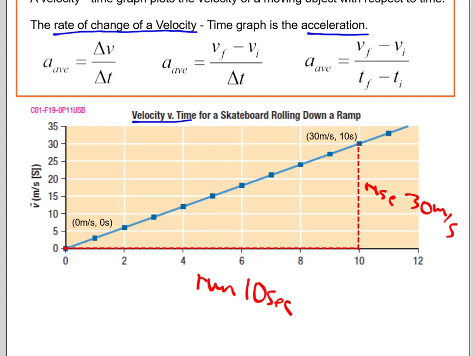So when you do your slope, or your rate of change, you would have 30 meters per second over 10 seconds. If you did that division, you would come up with 3 meters per second squared, which is a unit for acceleration.